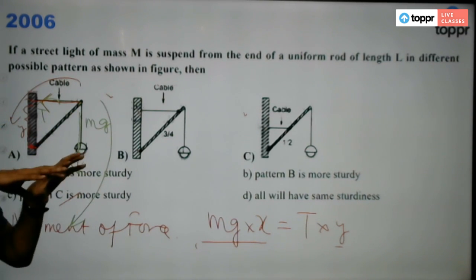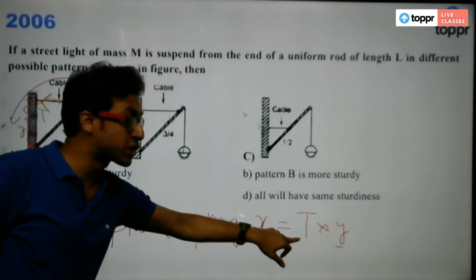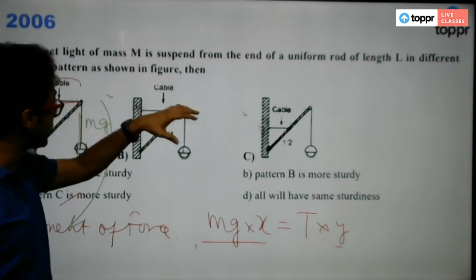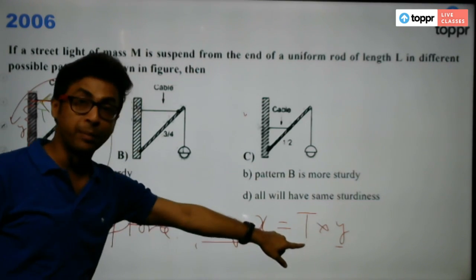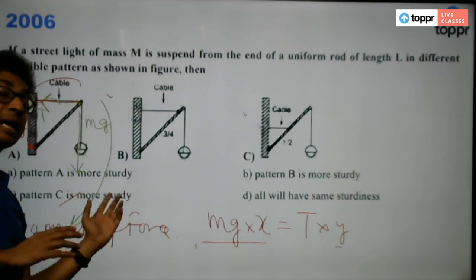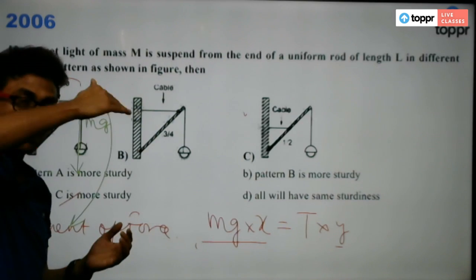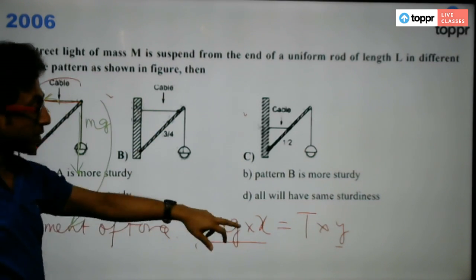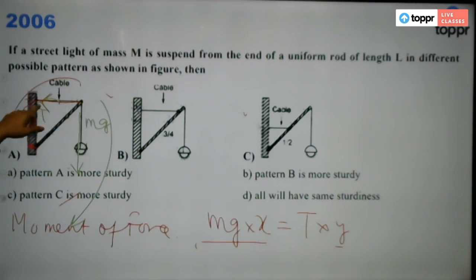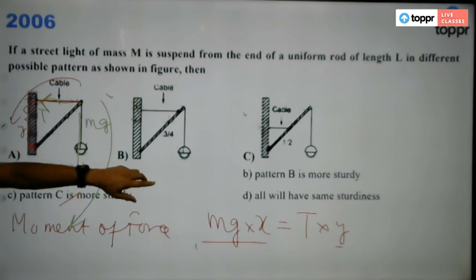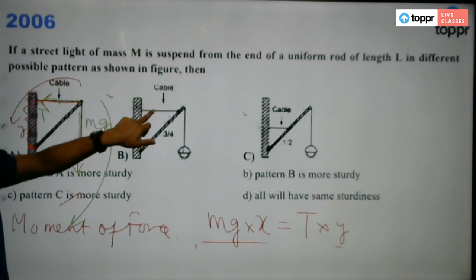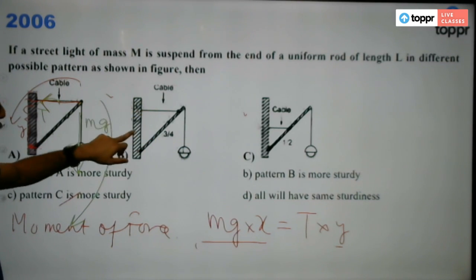Now, in which system will the system be more stable? In which the tension will be minimum. If tension is minimum, then it means we can increase the tension; we still have some limit to increase the tension. Now see, when y is maximum, then tension is minimum. Because for this, to generate the same moment, we have to multiply tension into 3/4 y.